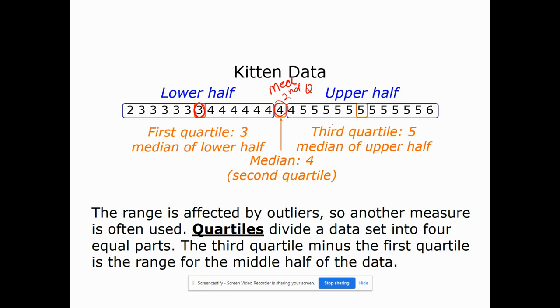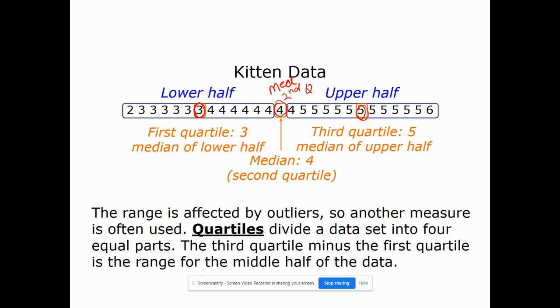I'm going to do the same thing with my upper half and find the median there. Again, 1, 2, 3, 4, 5, 6 pieces of data separate the median and my third quartile, which is 5, and 1, 2, 3, 4, 5, 6 pieces of data then go to the right of it. So I've split my data into 4 equal parts, okay?